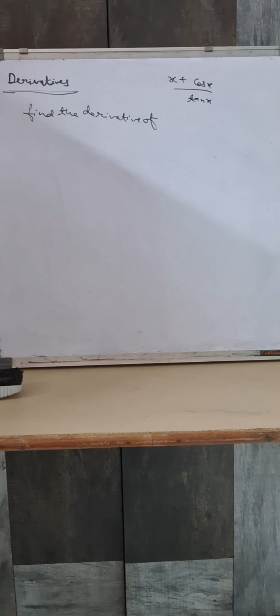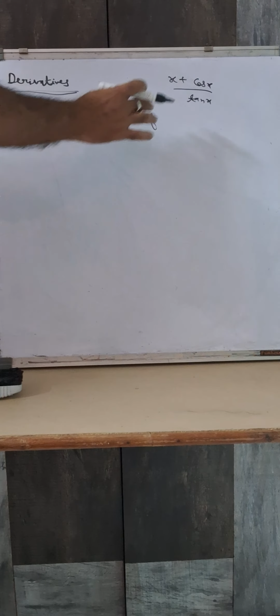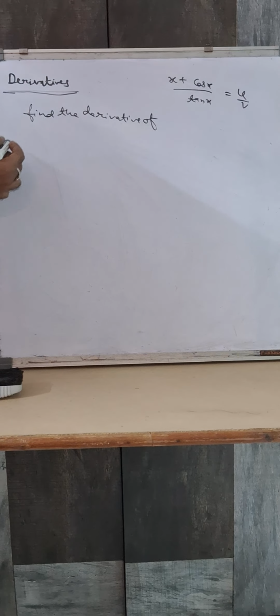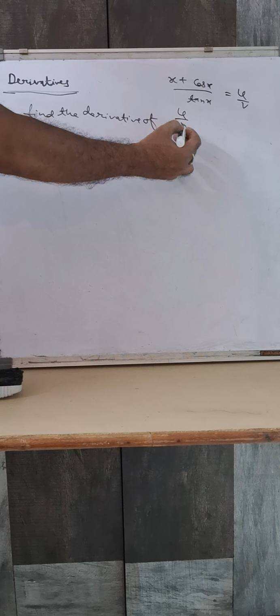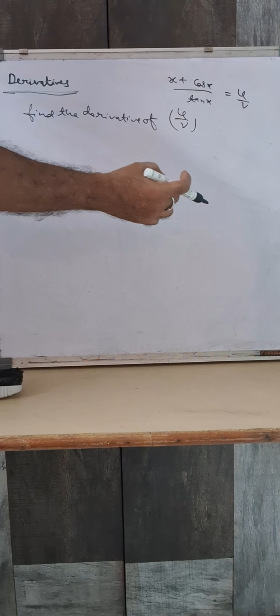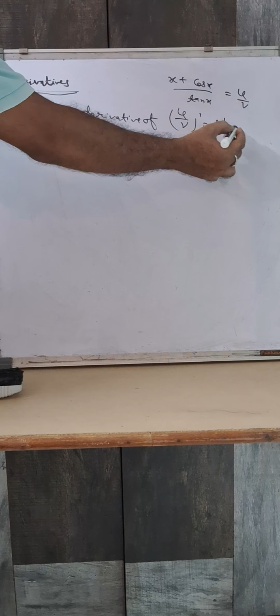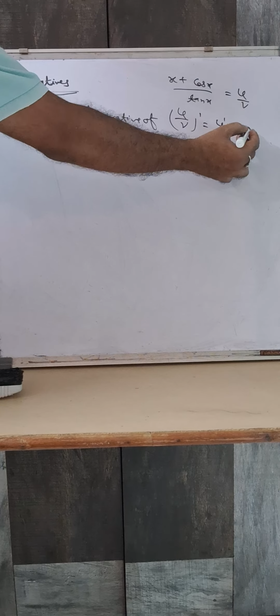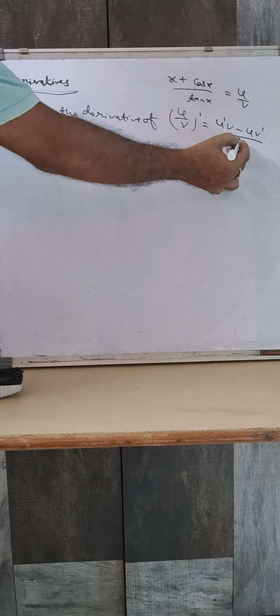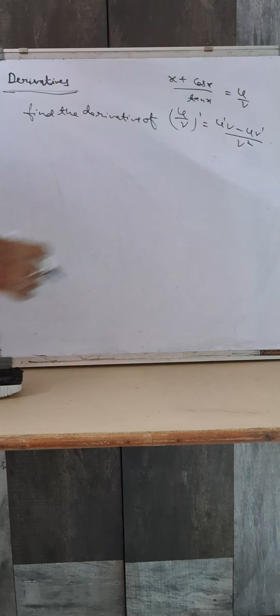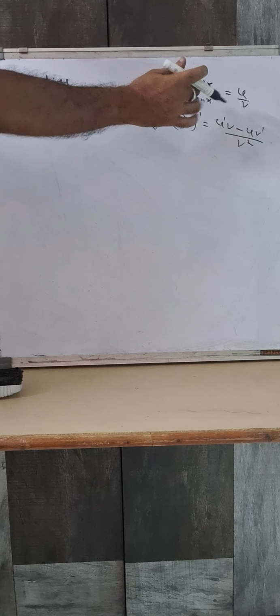Okay, so this is written in the form of u upon v. We know that the derivative of u upon v will be (u'v minus uv') upon v square. Here u is x plus cos x, the numerator term, and the denominator is tan x.